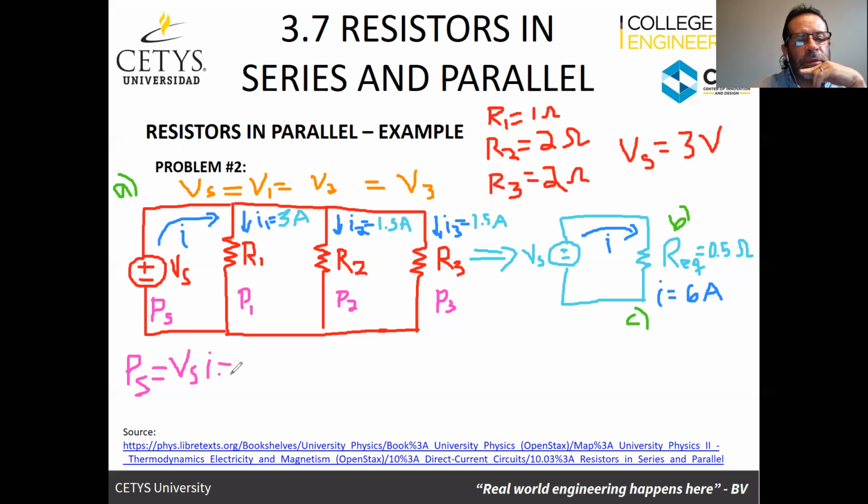And so this is going to be equal to 3 volts multiplied by 6 amps. And so the total power for the power source is going to be equal to, let's say 3 times 6, it's going to be 18.